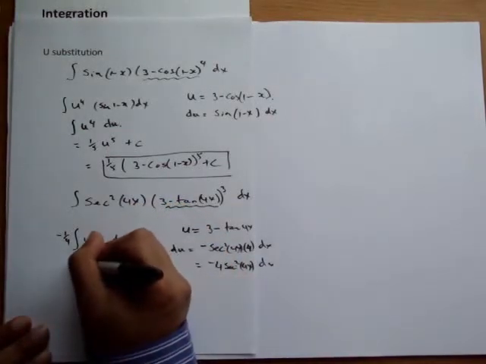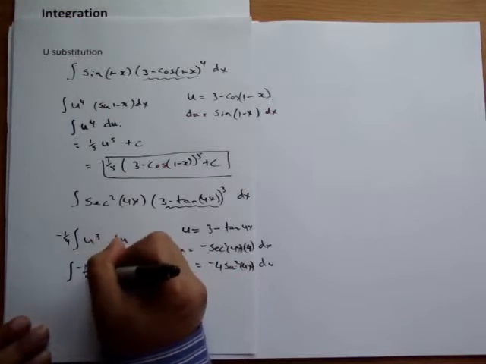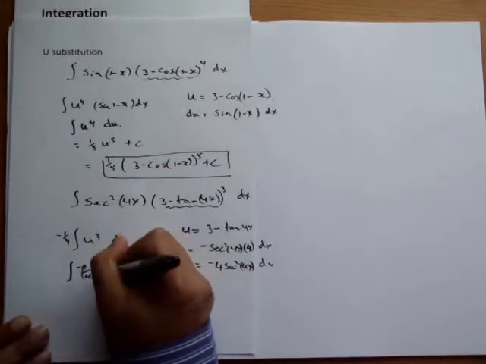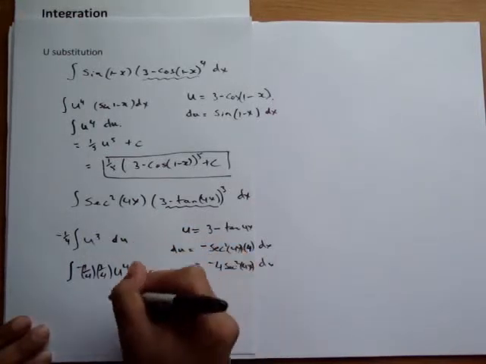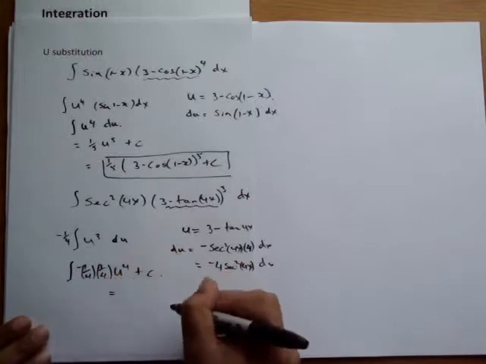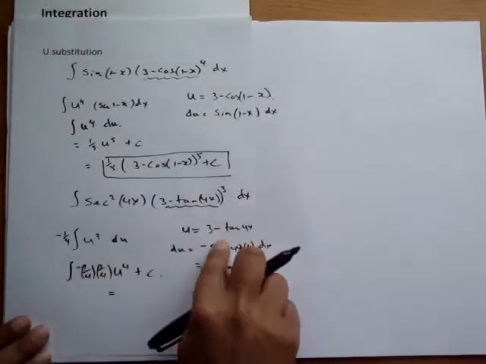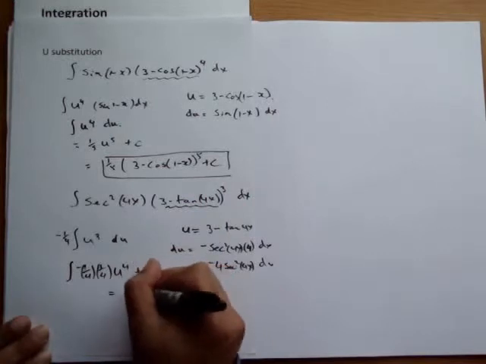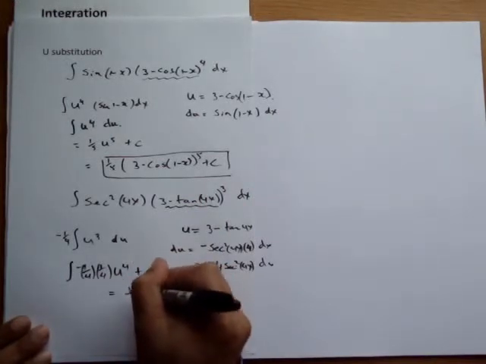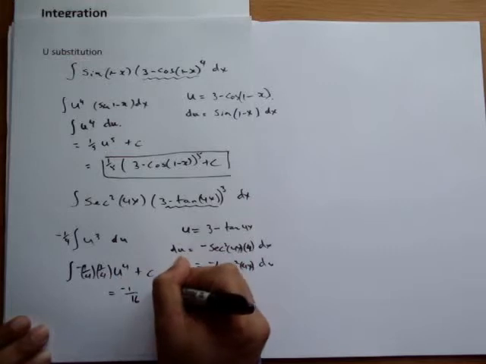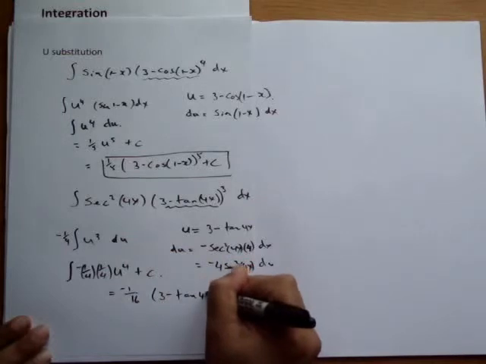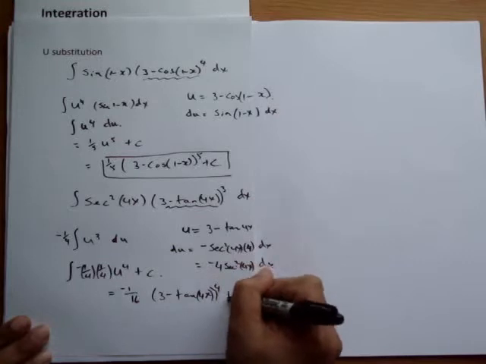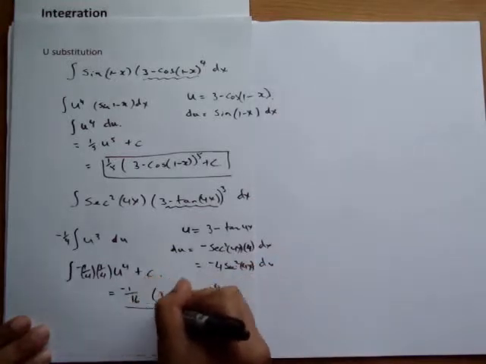So this is minus 1/4 times 1/4 u to the power 4 plus c, and when we replace our u's with our original 3 minus tan 4x, we get 1 over 16 times 3 minus tan 4x to the power 4 plus c, and that is our answer.